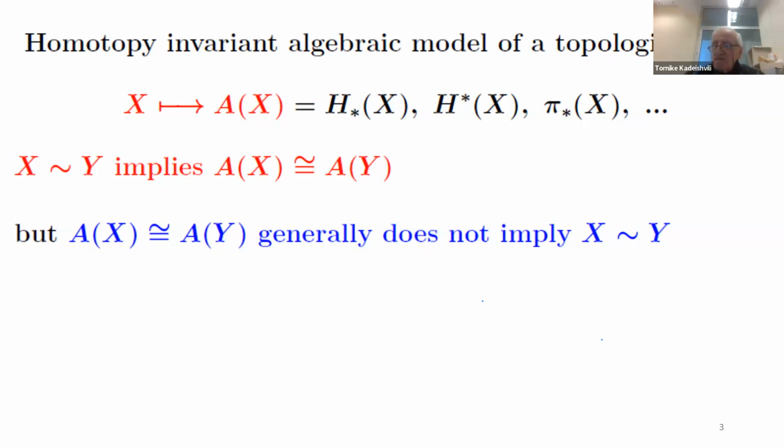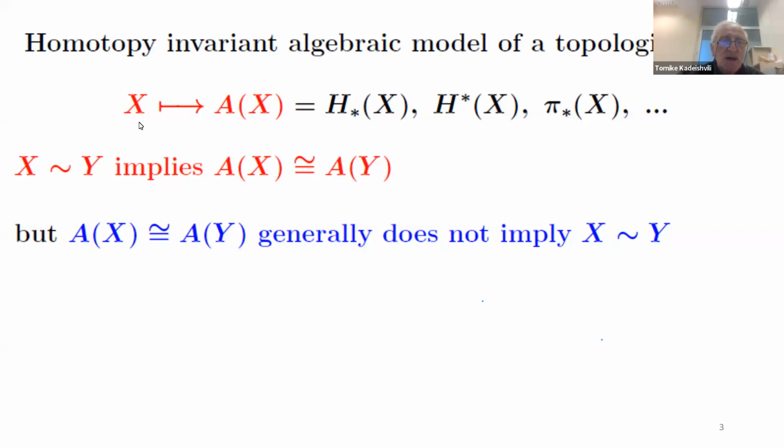Let us start. It will be a general talk about various types of up to homotopy or infinity algebraic structures. Let me start with a short introduction. What is algebraic topology?